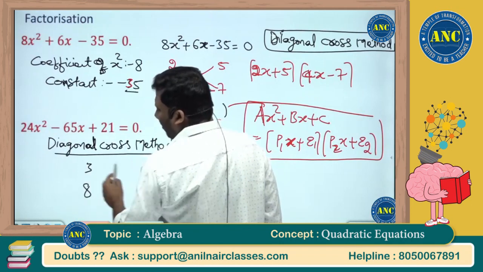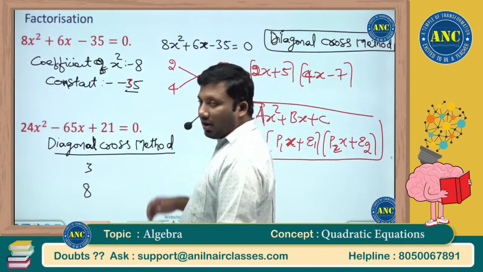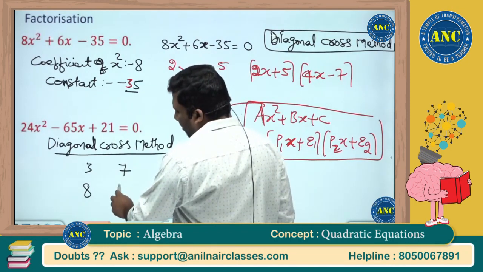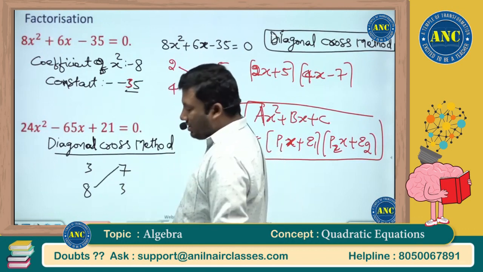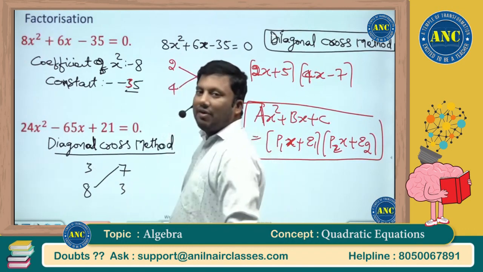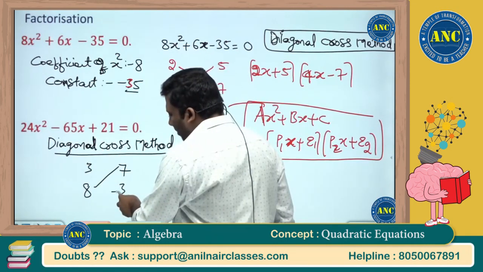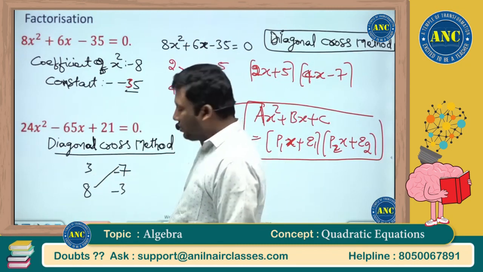I just took one product of two factors, 3 eights are 24. 21 is 1 into 21, 7 into 3. Diagonal cross: 7 eights are 56, 3 threes are 9. 56 plus 9 is 65. It is minus 65, so put a minus here and a minus here. These both will represent the coefficient of x.